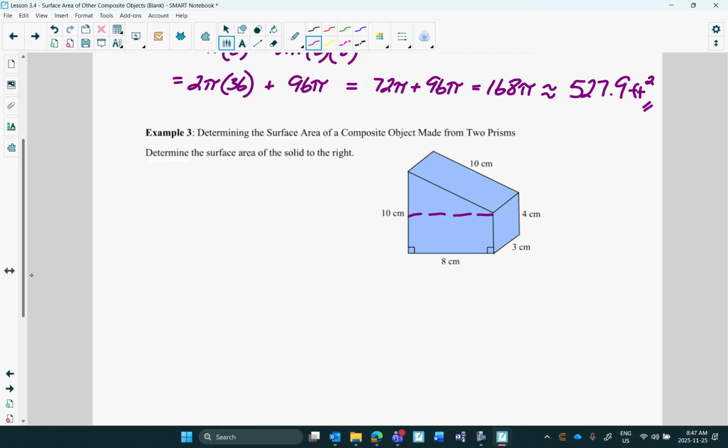Well, all the different faces, right? So what about this one up top, this rectangle? This is 10 by what? 3. So 10 times 3. That takes care of this one. How about this one? 4 times 3.